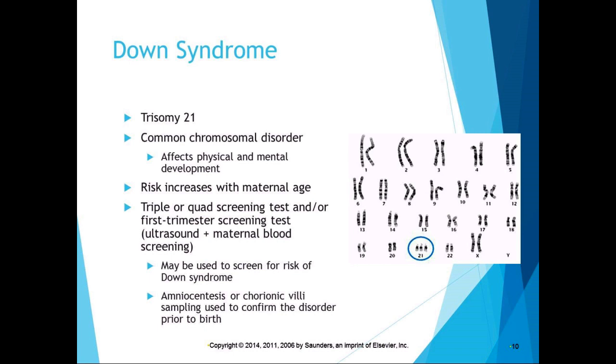They can screen for risk of Down syndrome, and they can also do amniocentesis or chorionic villi sampling to confirm the disorder prior to birth. The whole idea is then you know what to expect and you can prepare for what you're going to have to do differently to take care of this child with Down syndrome versus one that doesn't have Down syndrome.